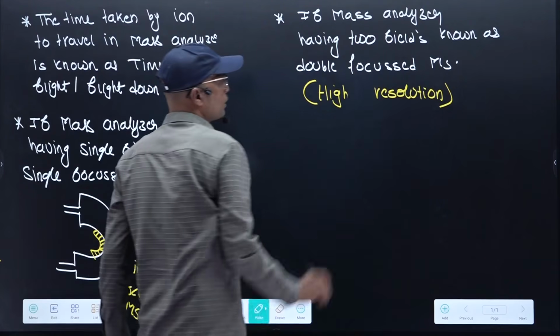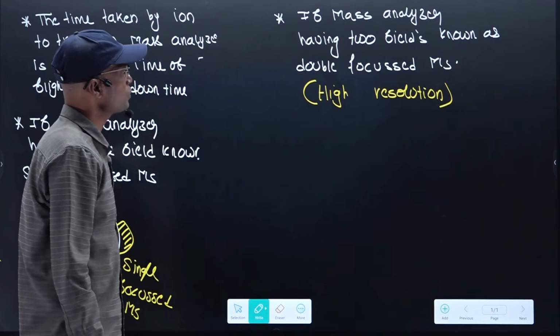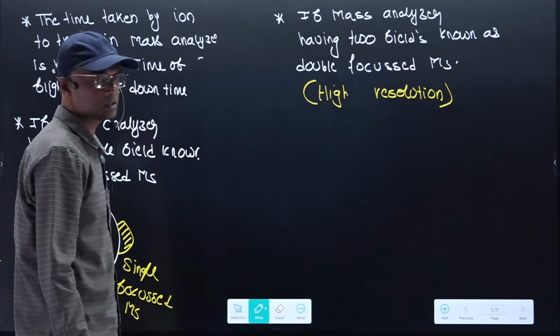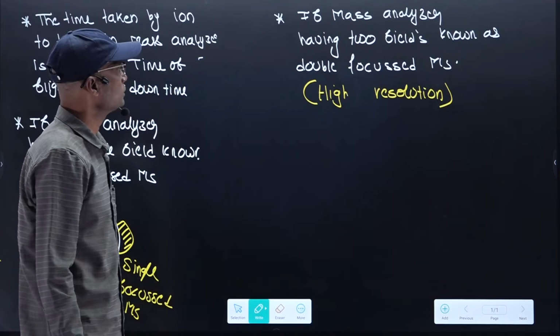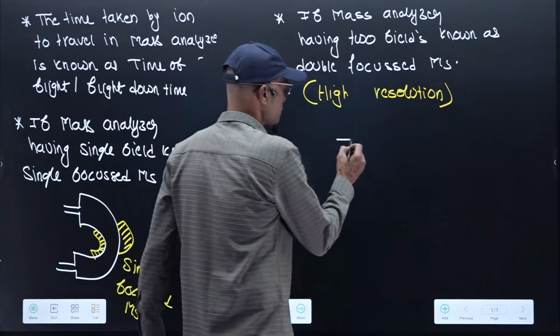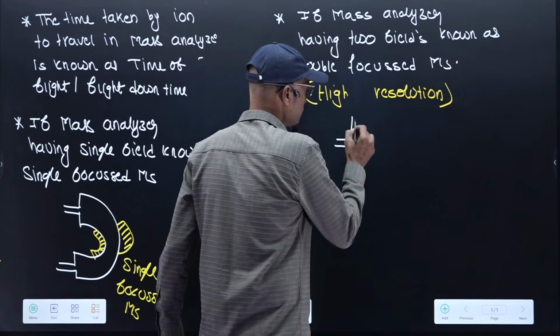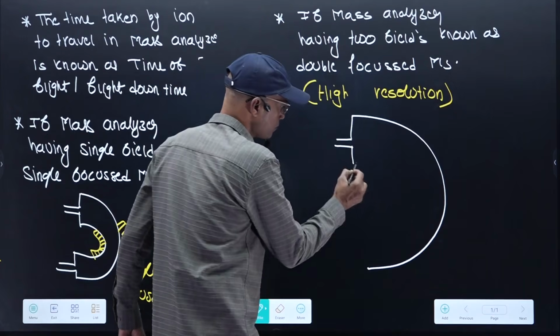You write: high resolution, which can separate two ions having similar m/z value. So it would be like this, a rough diagram I am giving. It is a mass analyzer.